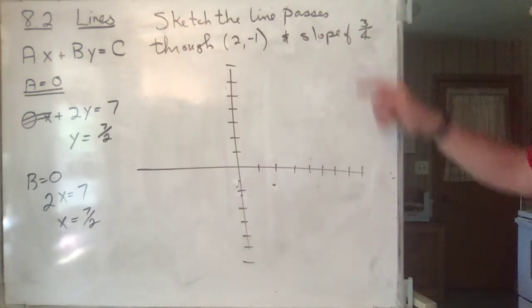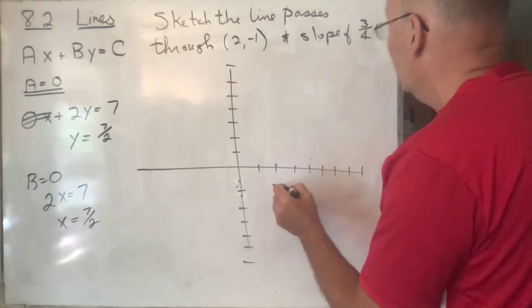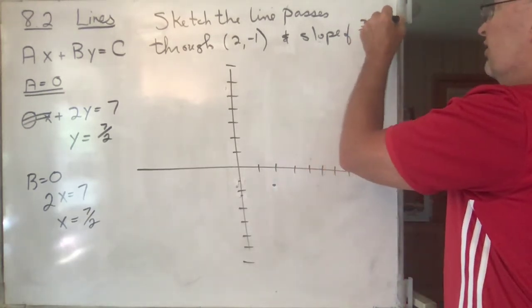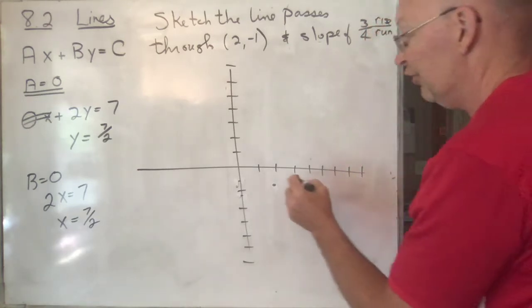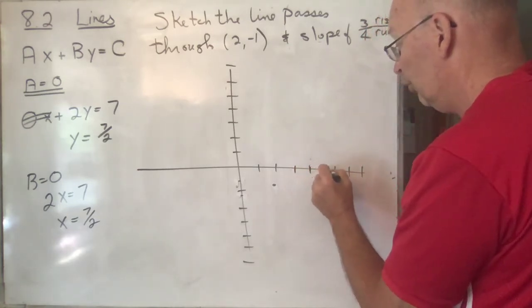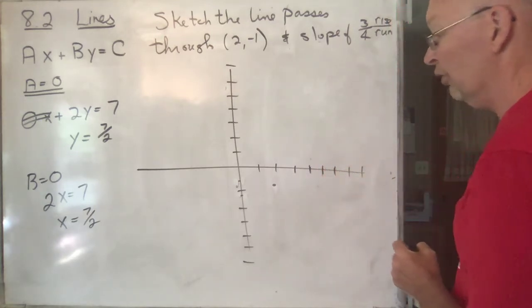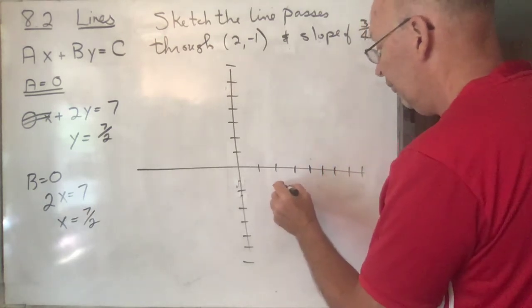So it has a slope of 3/4, which means what? This is the rise, this is the run. So if your run is 4 units, 1, 2, 3, 4, you go over 4 units, you're only going to go up 3 units.